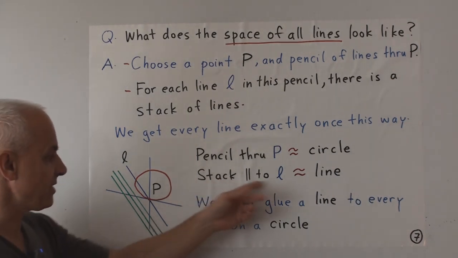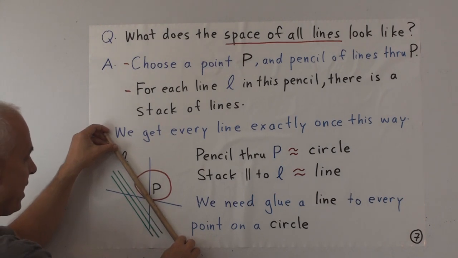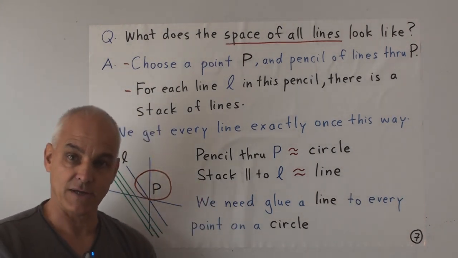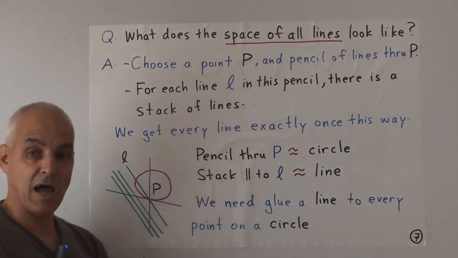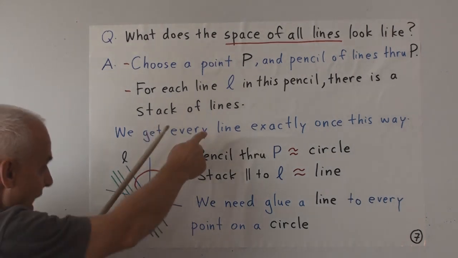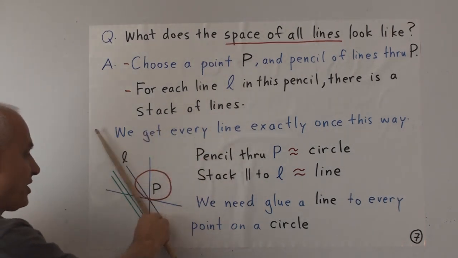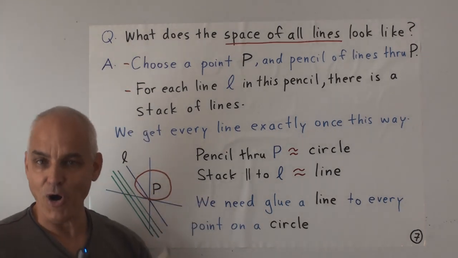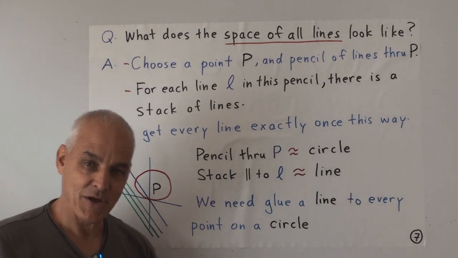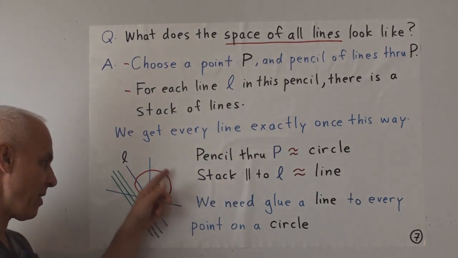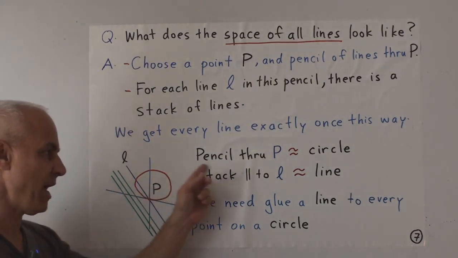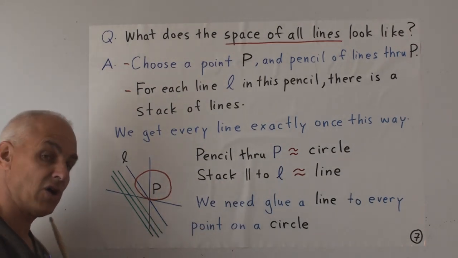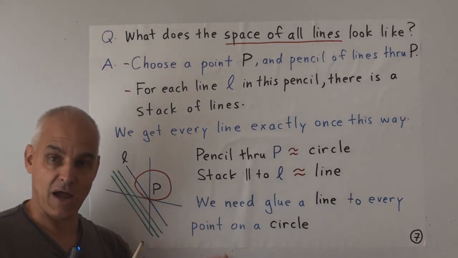And what about the stack, say parallel to a line L? If we take that line L and ask, what does the stack of lines parallel to it look like? The answer is a line. There's a kind of a line of lines which are contained in the stack through L. So to describe all the lines in 2-space, we could start off by thinking about this circle representing the pencil of lines through P, and then to every point on this circle we associate a line.